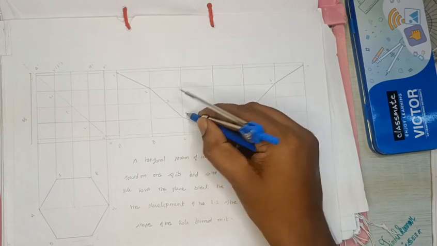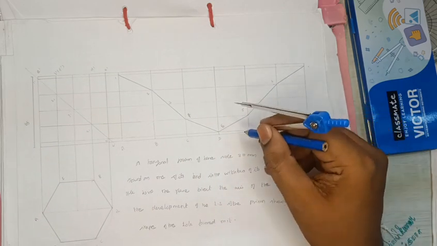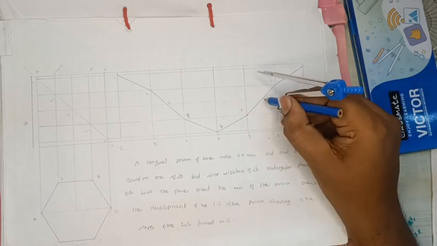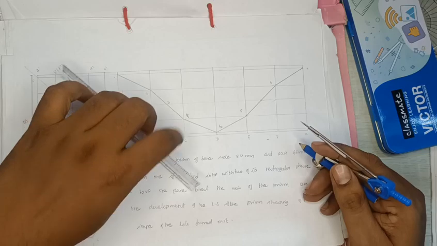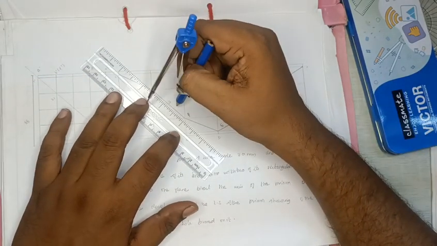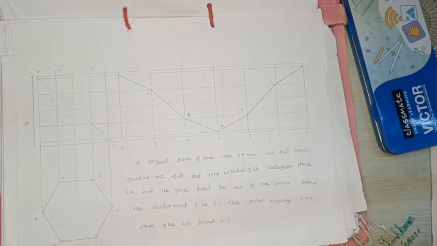Again mark all the points. Connect all the lines 1 to 2, 2 to 3 and 4, 5, 6, 7 and 8. This is a development of the surface of the hexagonal prism.